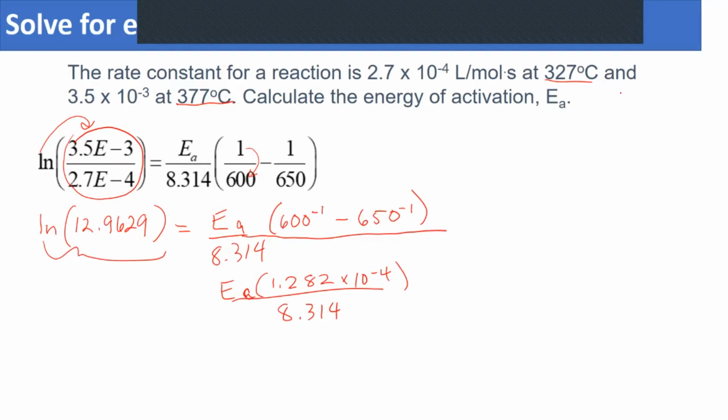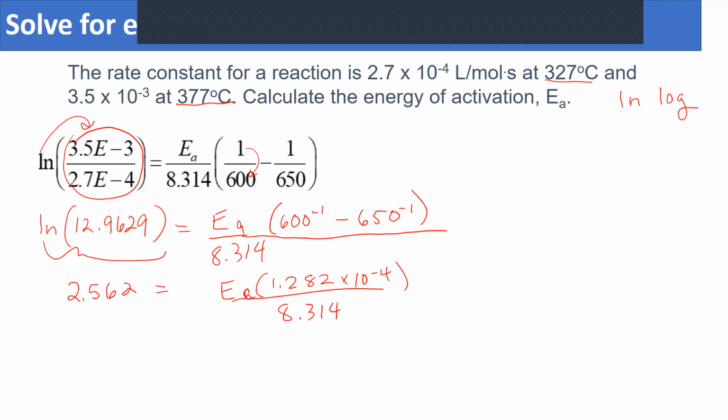There are 2 buttons on your calculator, a natural log and a LOG, and on some calculators they're on the same button, and you have to press the button twice or scroll through the different options. So the natural log is 2.562. Again, I would try to carry more digits in my calculator.